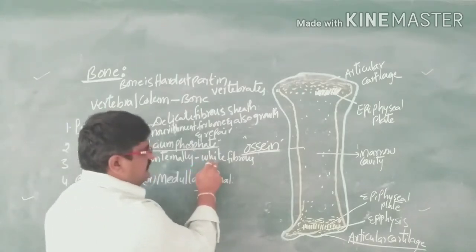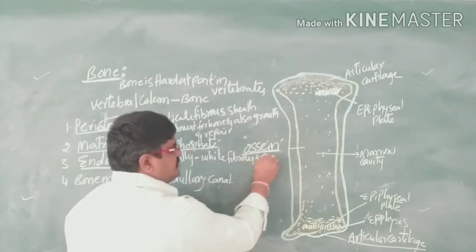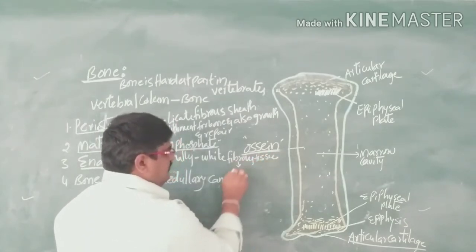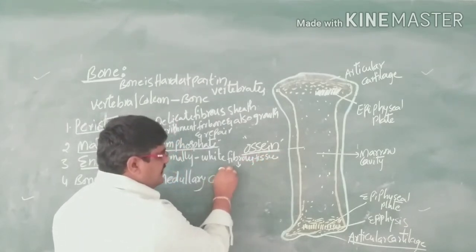It consists of white fibrous tissue, and it is also where the bone forming cells are formed.